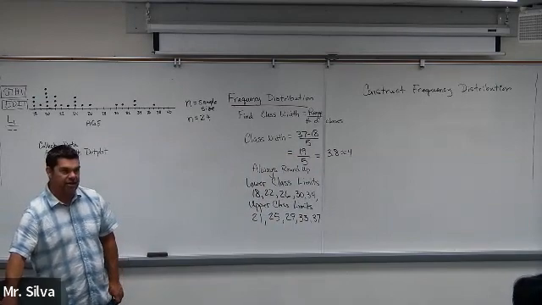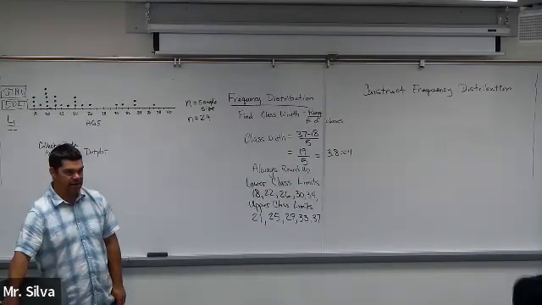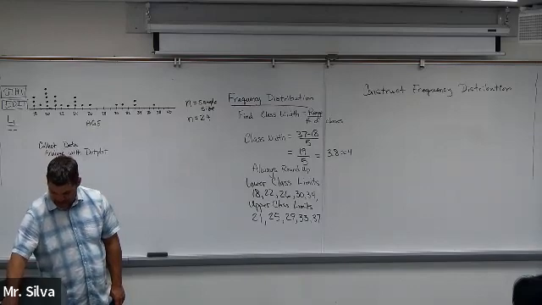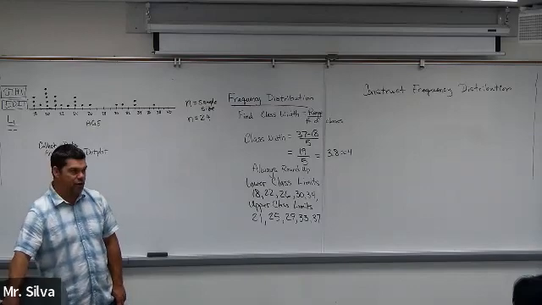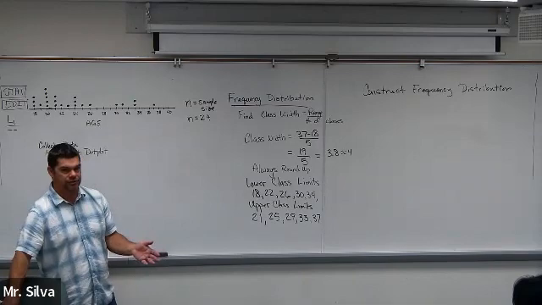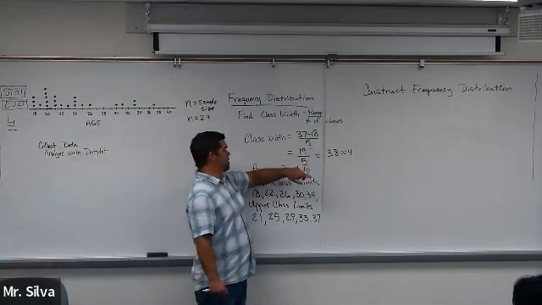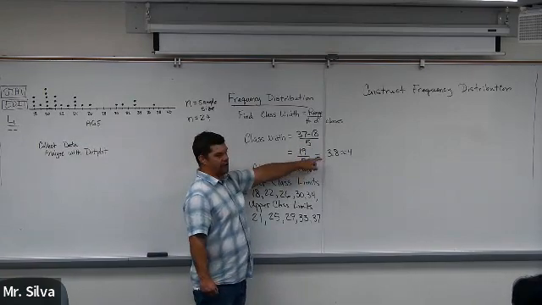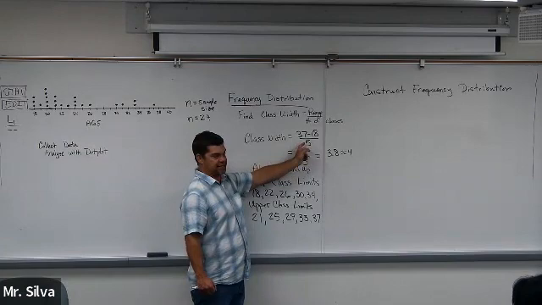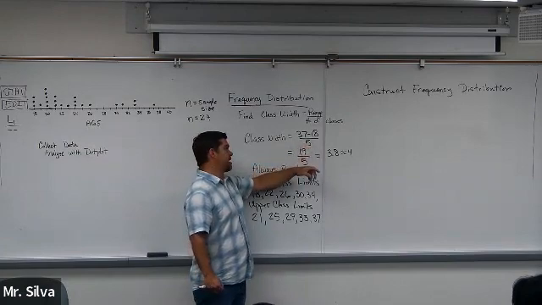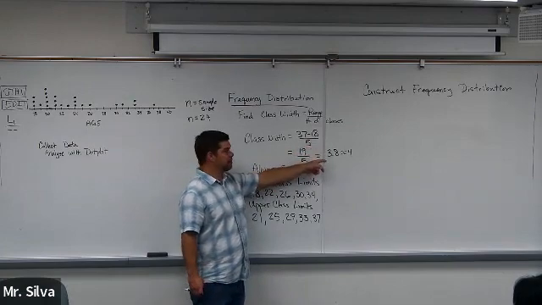They use 7 classes. So they take 275 and divide by 7. Their class width is 40, because you're talking dollars. If I had 6 classes, then I think I still would have a 4. If I had 7 classes, then I go 19 divided by 7, I end up with a 3.